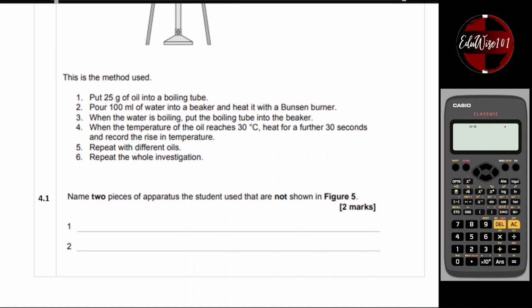Name two pieces of apparatus the student used that are not shown in figure 5. Now there's a couple of them. So when the temperature of the oil reaches 30, how are you going to actually do that? You will need a thermometer. Heat it for a further 30 seconds. There's no mention of a timer, so a stopwatch.